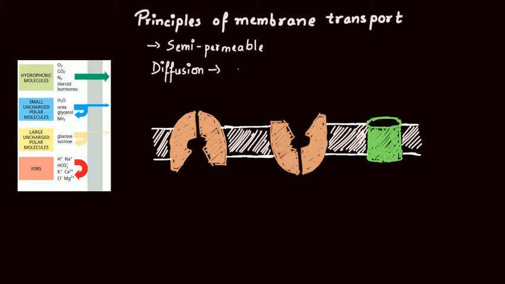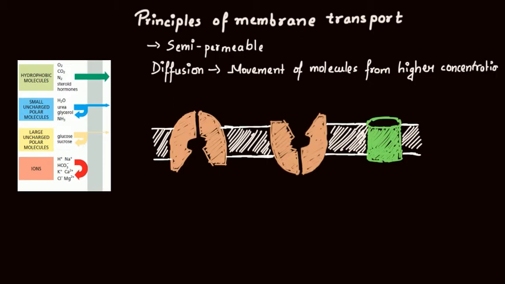Well, diffusion is the movement of molecules across the membrane from a higher concentration to a lower concentration.